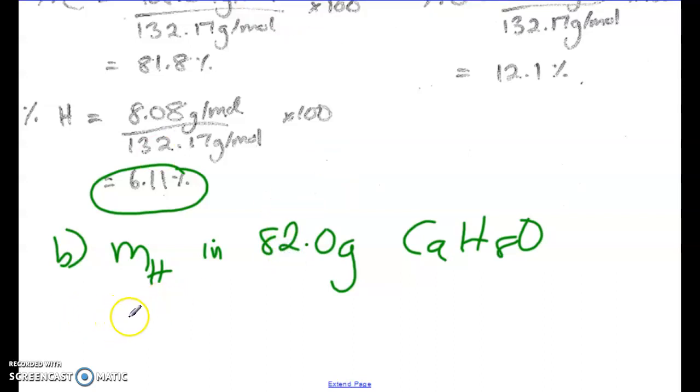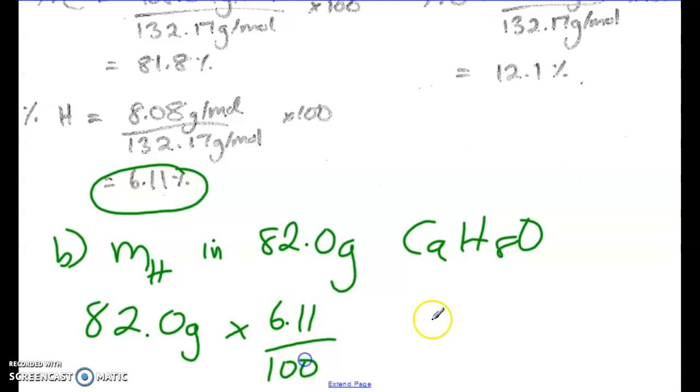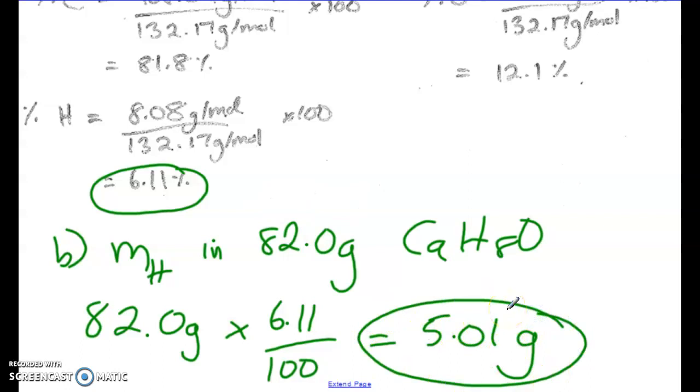Okay, so because we know the percent of hydrogen, we can apply that to our mass. So 82 times 6.11 divided by 100. So you should have gotten here, so 82.0 is 3 sig figs. So 5.01 grams out of that 82 is coming solely from hydrogen atoms.